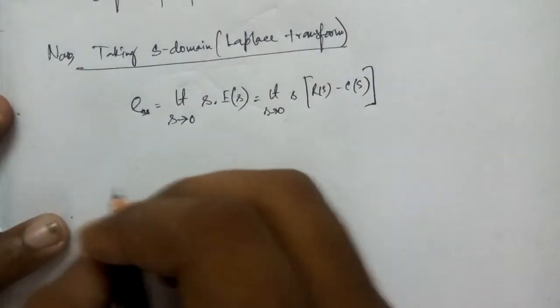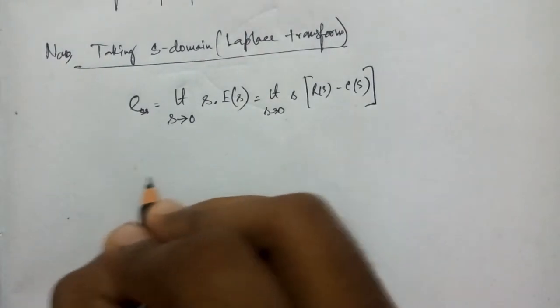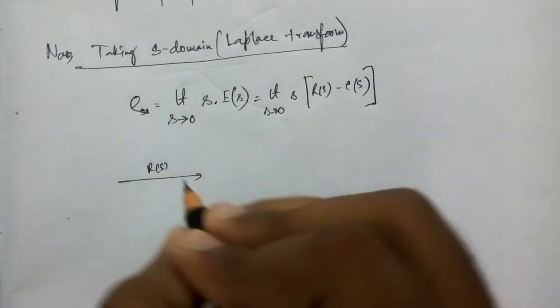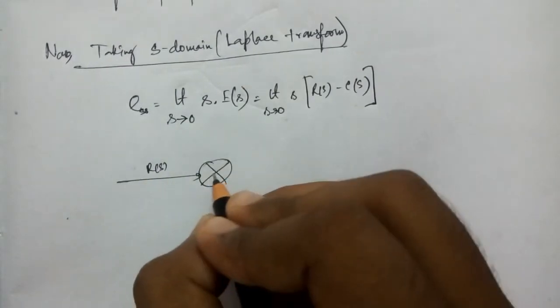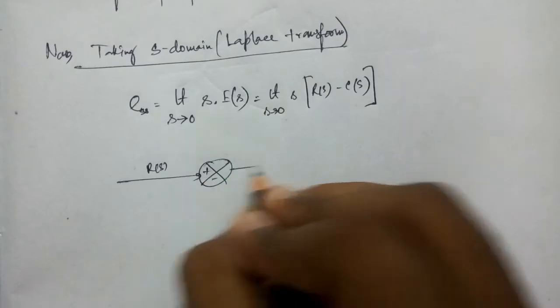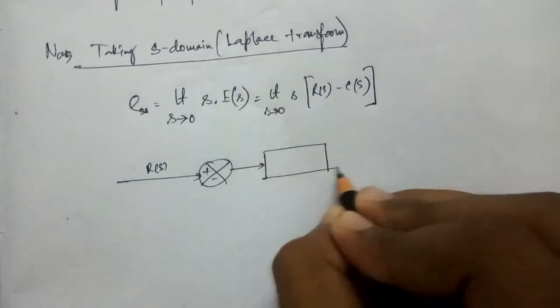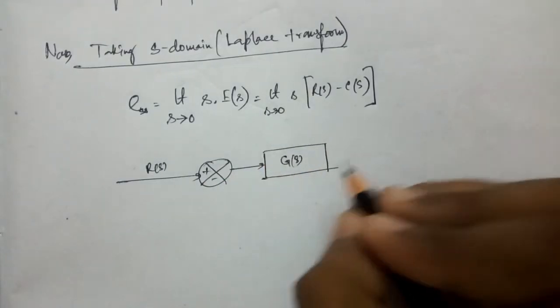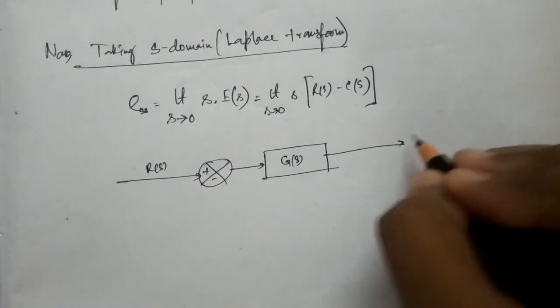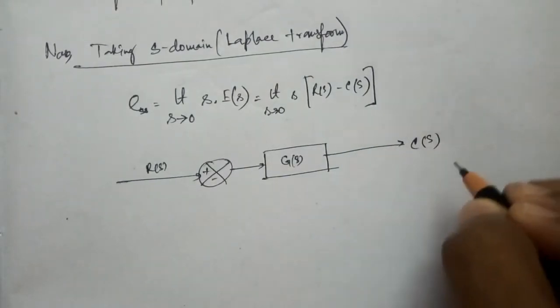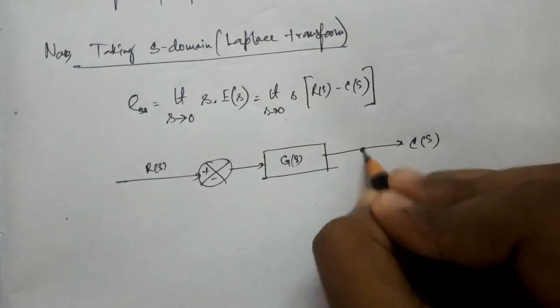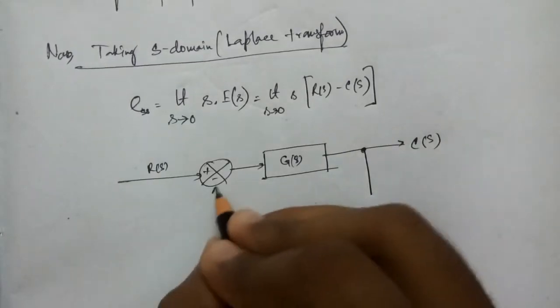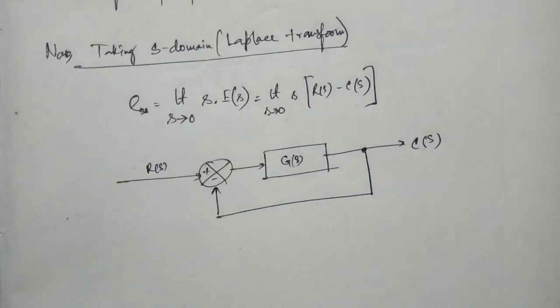Now in general we have seen the block diagram, that is R(s). Here is an error detector and it is going to the plant. Let's take the transfer function as G(s). Finally we are getting the output C(s), but here we are taking the feedback. In this case we'll be taking unity feedback.